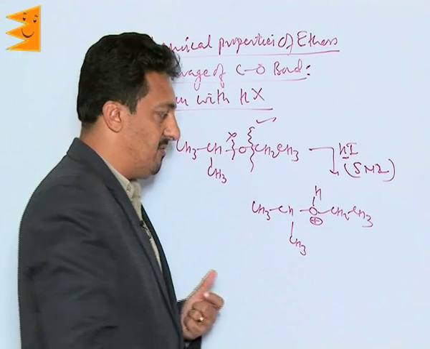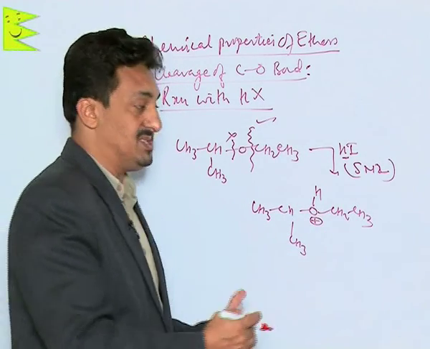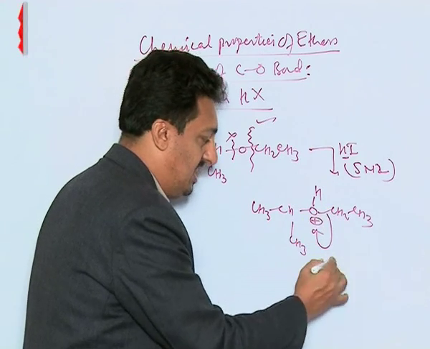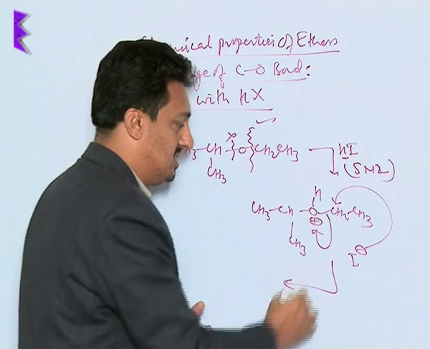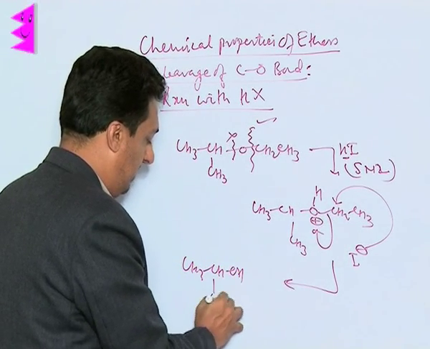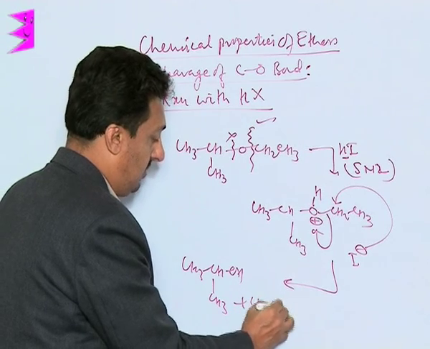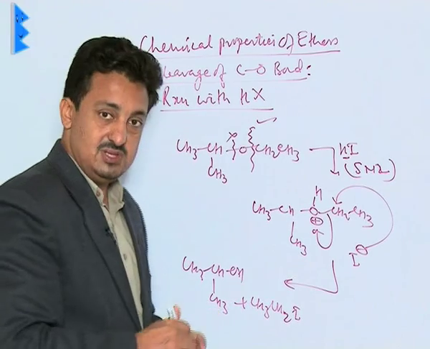From where will it withdraw? It will withdraw from that alkyl group which is giving it less plus I effect. So it is withdrawn from this side, and therefore the iodide shows nucleophilic attack on this one, and that is why we get the product, isopropyl alcohol and ethyl iodide. So this is how the reaction proceeds.